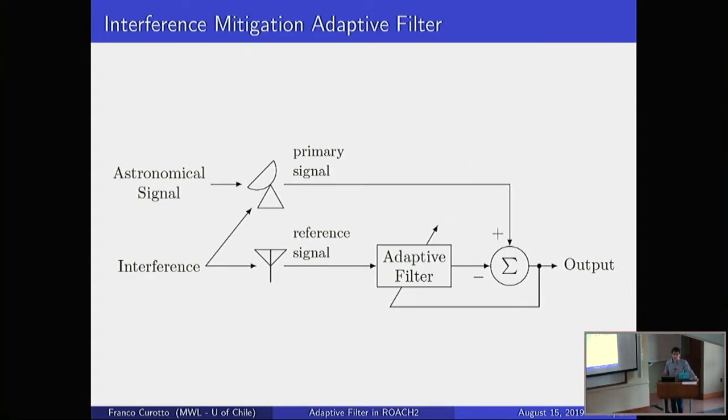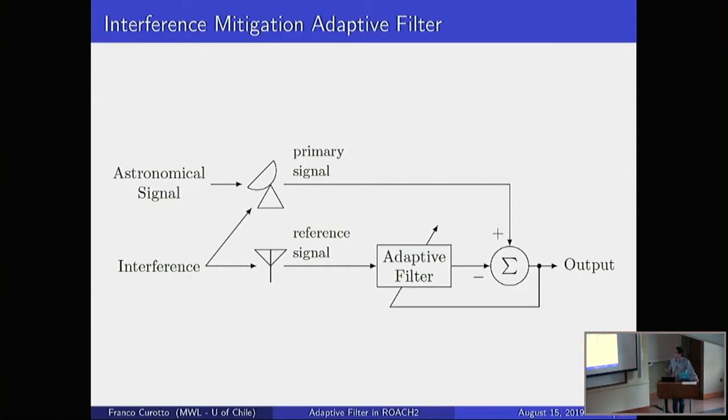And what you're trying to do, very broadly speaking, is cancel both measurements of the interference by doing a subtraction. To make this subtraction as perfect as possible, you have a system called an adaptive filter that's trying to make both measurements as equal as possible to make the cancellation.